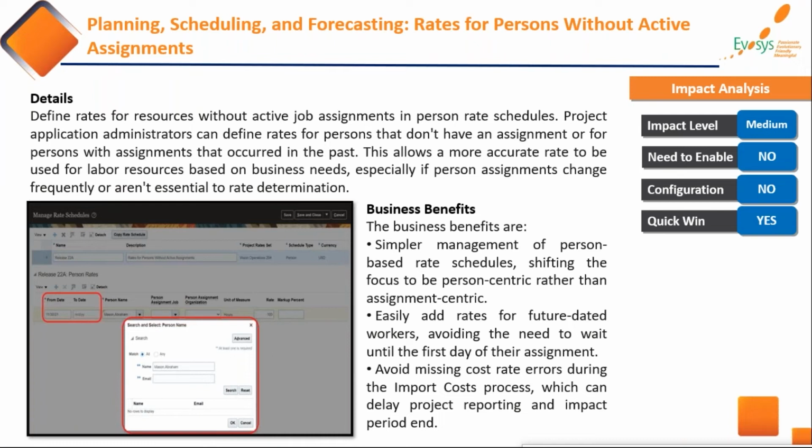Then sometimes even project managers forgot to enter those rates later on when the assignment became active, and when the time cards came into the projects, it resulted in errors that the rate does not exist. By bringing this feature, users won't face such issues because they can enter the rate even though the assignment does not exist, which was previously not possible. So this is again a good feature, which will of course help the planning driven industries to do their planning in a much better way, considering their future aspirations.